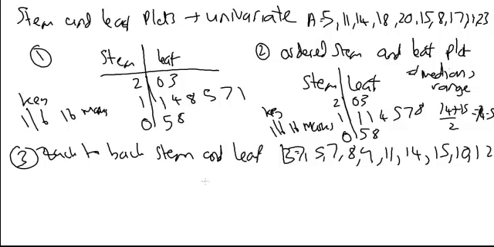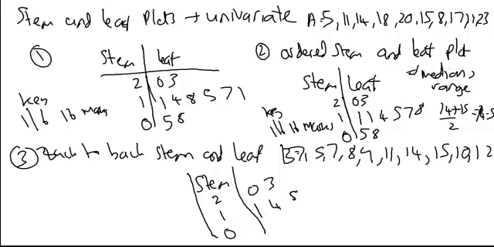So the back-to-back is basically the same thing. So I do stem, and I have 2, 1, 0. Now I'm not bothering about ordering them, but I could order these as well. So I'll just read this off what I did before.